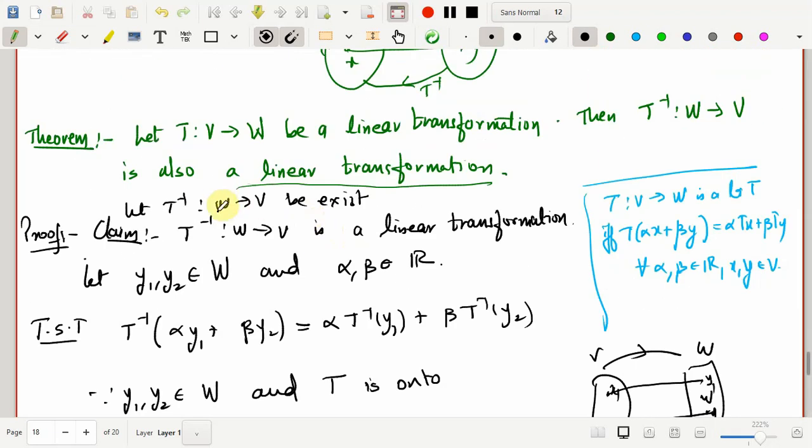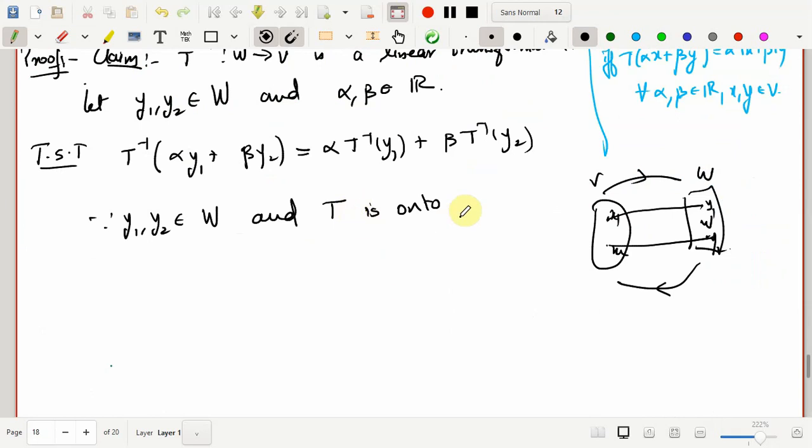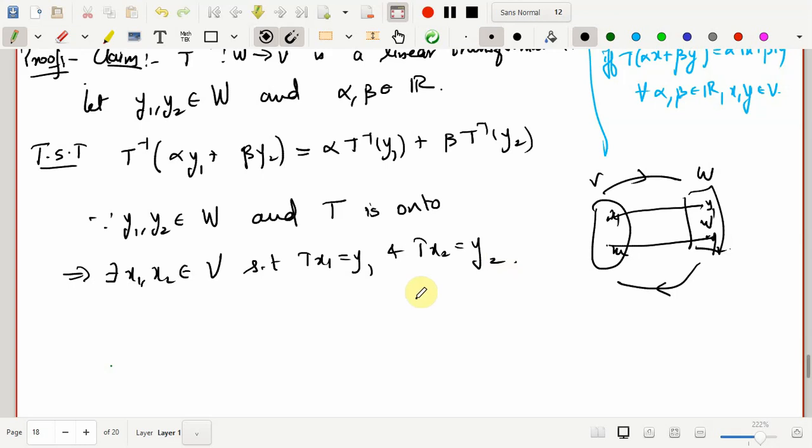So since T inverse exists, this by definition automatically implies that T is 1-1 and onto. So since T is onto, this means that there exist x1, x2 in V such that T of x1 is equal to y1 and T of x2 is equal to y2 by definition. But by the definition of inverse, whenever such thing happens, this implies that T inverse of y1 is equal to x1 and T inverse of y2 is equal to x2.